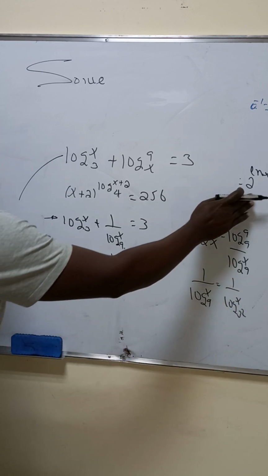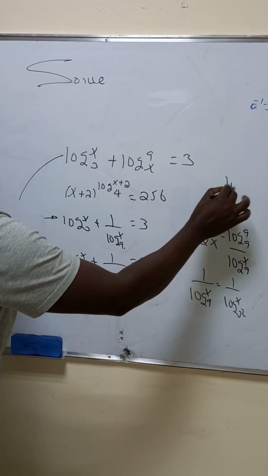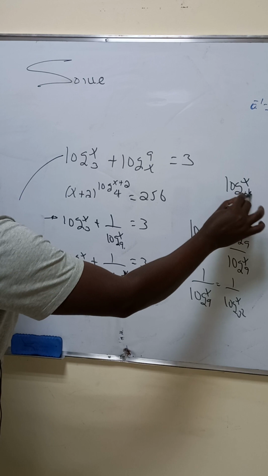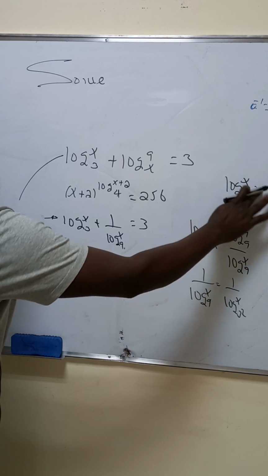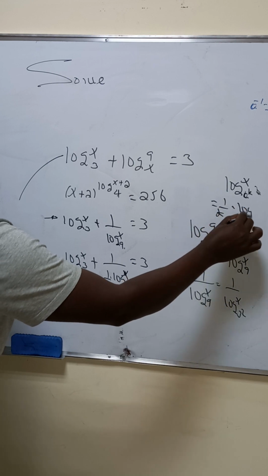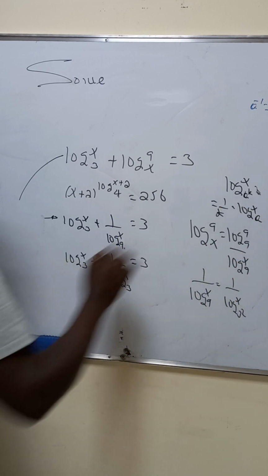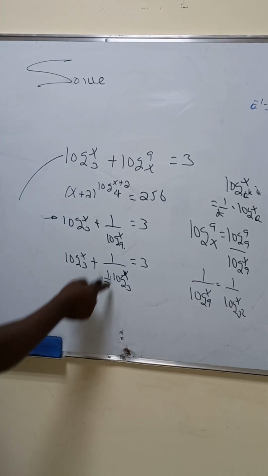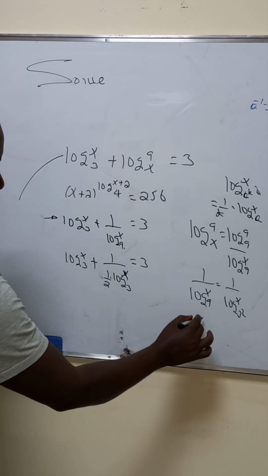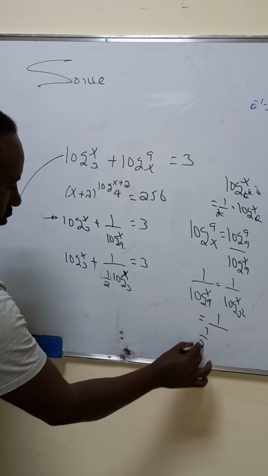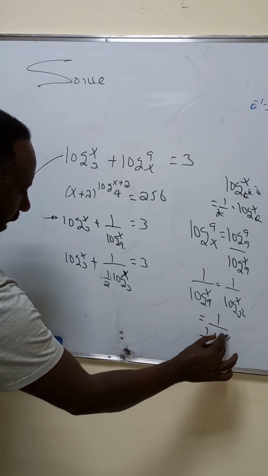Now let me also show you the law of the logarithm of x to the base a raised to k. This is 1 over k times the logarithm of x to the base a. So 1 over this means exactly 1 over 2 times the logarithm of x to the base 3.